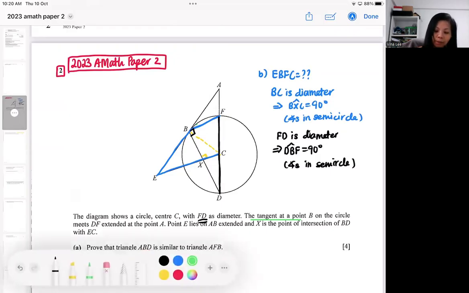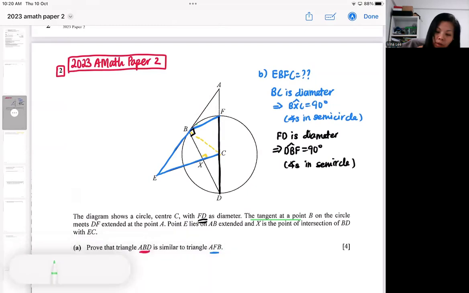Do you realize? By the converse of interior angle, these two will be parallel. So we can conclude that in the quadrilateral EBFC, BF is parallel to XC. With this being parallel, the whole four-sided figure becomes a trapezium.